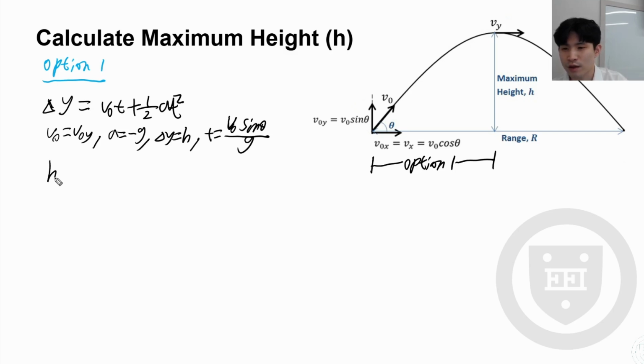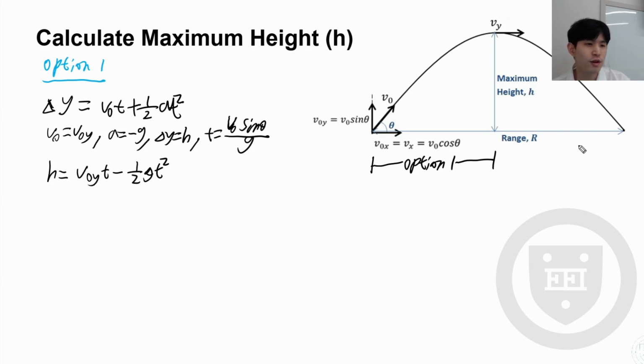So if you plug in these expressions, you get v naught y t minus 1 over 2 g t squared. Of course, you can just plug in the expression for t into this equation and get h like that. But actually, there's option 2, which is much simpler.